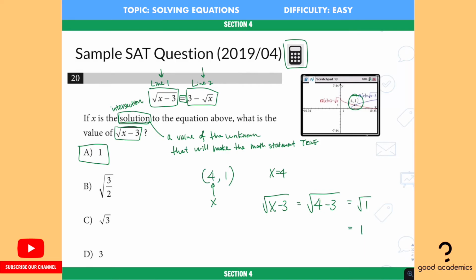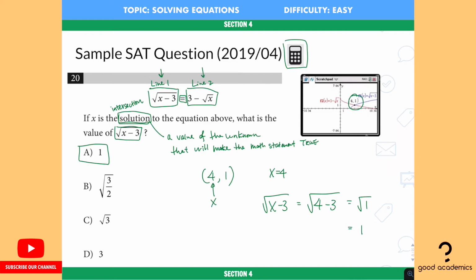Now, some people may do this. If you don't know that you could use a calculator, then what could happen is you may try to solve it as a little quadratic equation. You think about the square root and you square both sides right away.